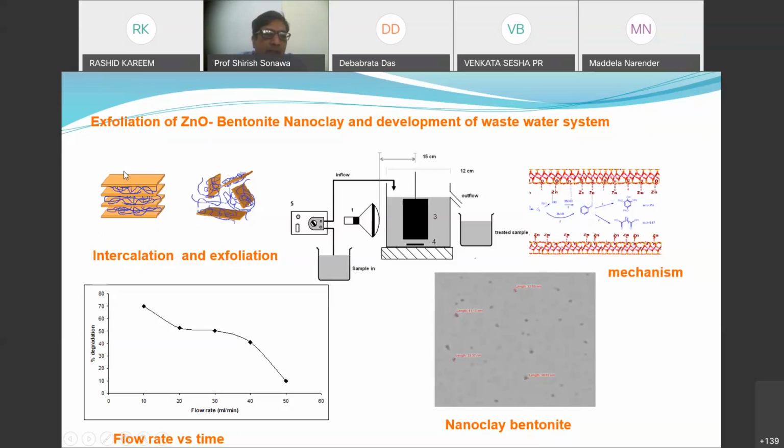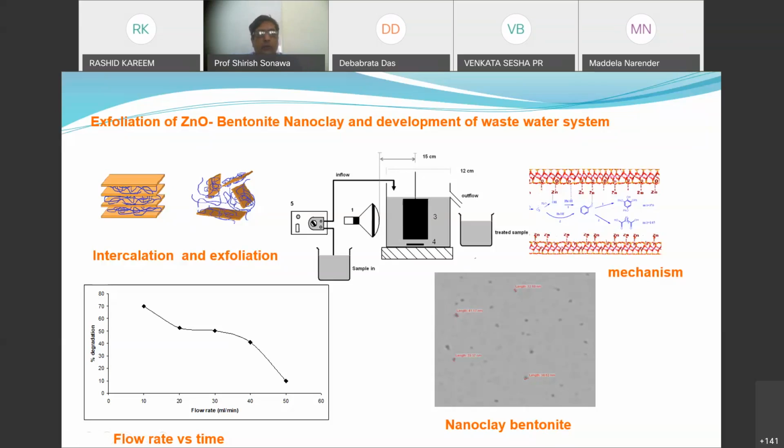Now this exfoliation is very much important. This is an intercalation. You can see the blue lines, which are basically the polymer chains that have been put inside the clay gallery spacing. So you can carry out the exfoliation also. Here is where the role of ultrasound comes into the picture.